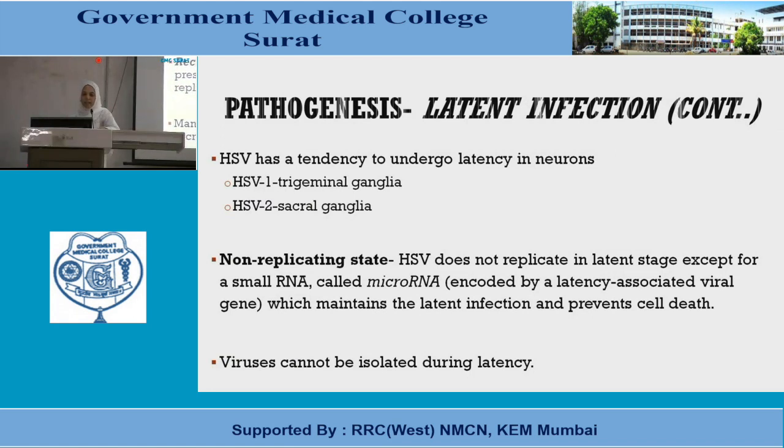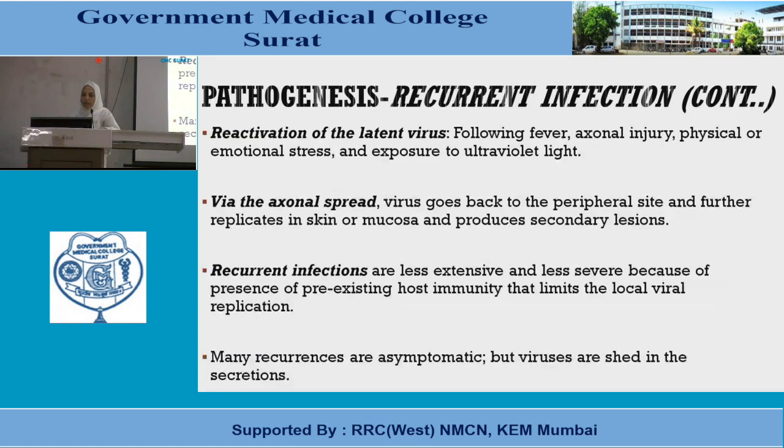Now reactivation can occur through any of the following: fever, axonal injury, physical injury, emotional stress, exposure to UV light. Via axonal spread, the virus goes back to the peripheral side, further replicates in skin and mucosa, and causes secondary lesions.